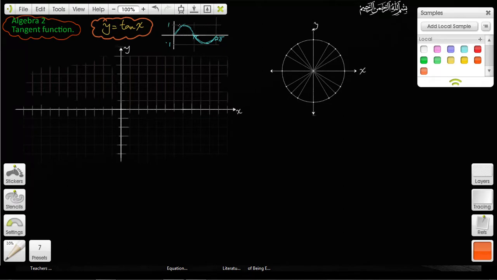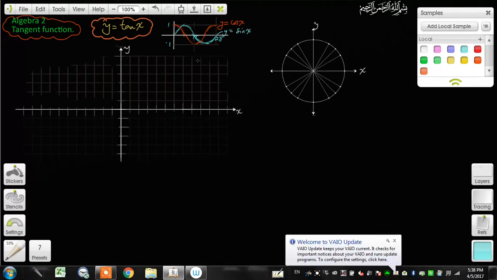And then the cosine function, the hammock type looking function, goes like this. So this was y equals cosine of x, and this was y equals sine of x. Those were the parent functions for sine and cosine graphs.